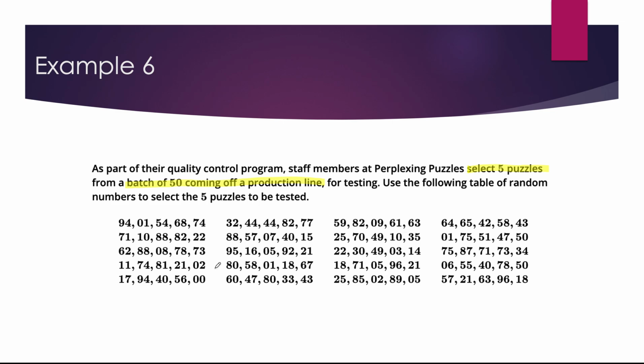So this is a table with random numbers from 0 to 100, I think. And they're asking, how can I use this to select 5 puzzles from the batch of 50?